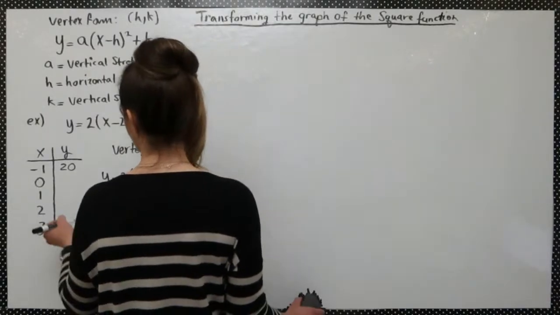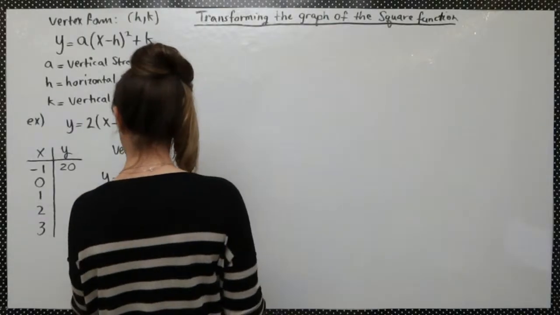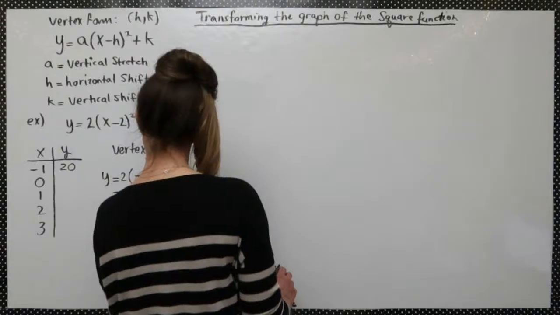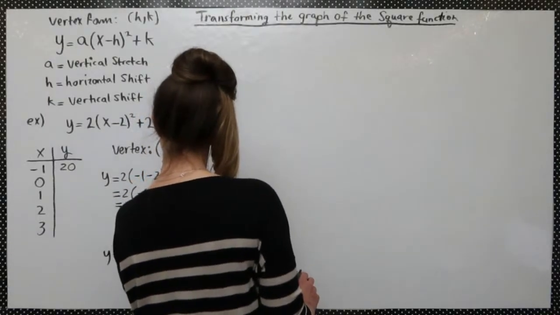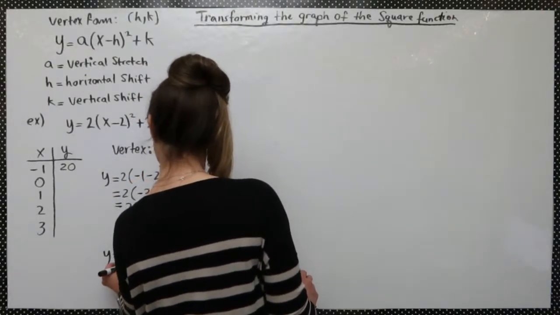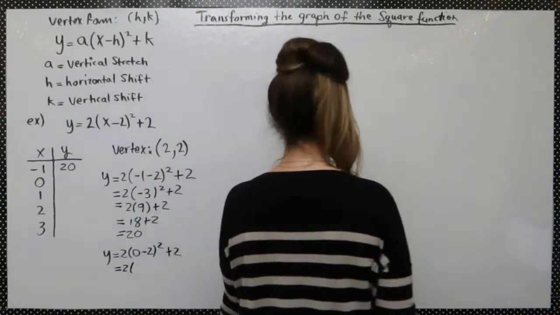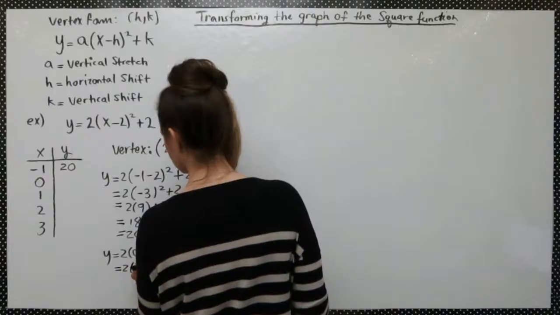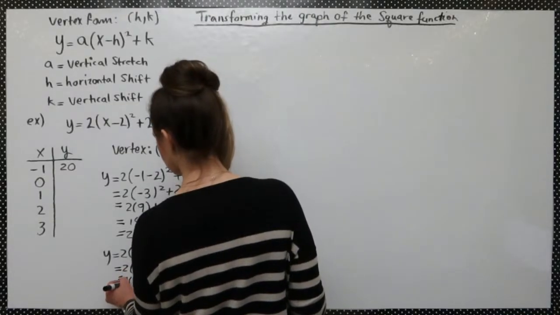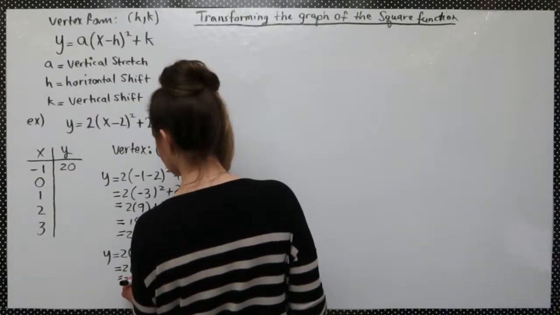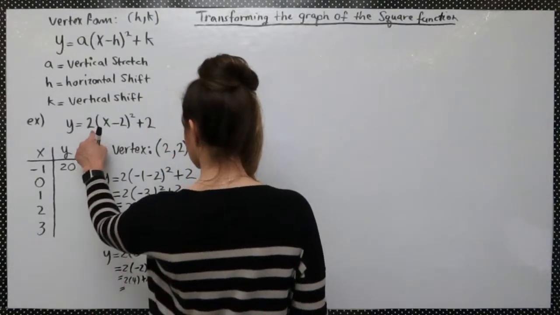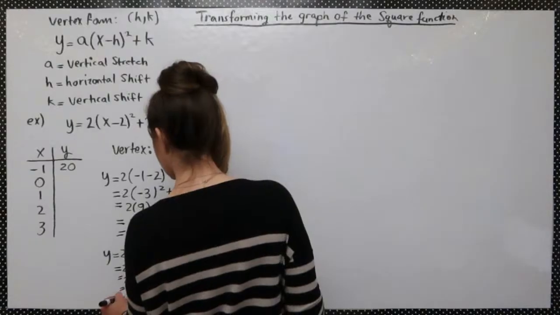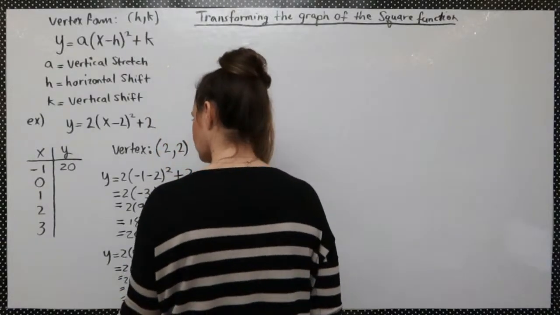All right, so we'll go to 0. y equals 2 times (0 minus 2) squared plus 2. So that's -2 quantity squared plus 2. Just 2 times 4 plus 2. That factor of 2 is really stretching a lot because I'm still at 10 at 0.